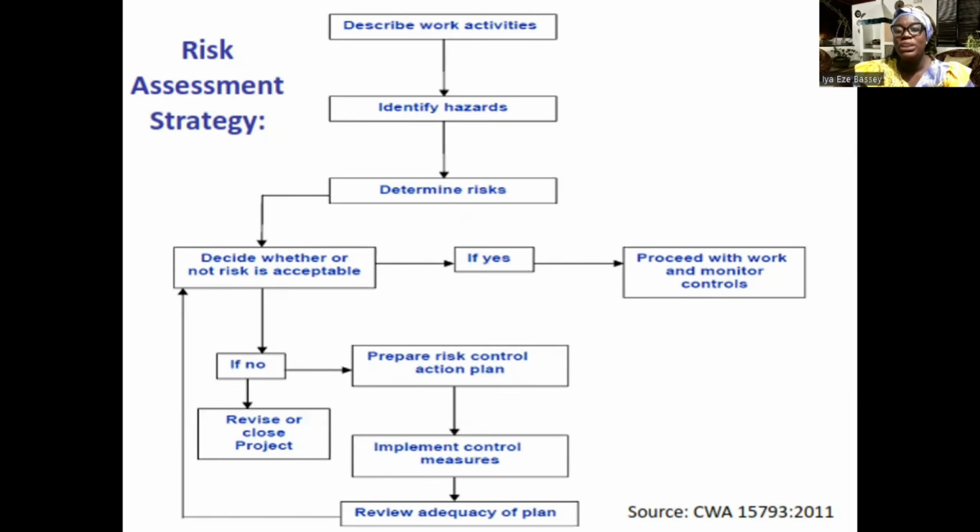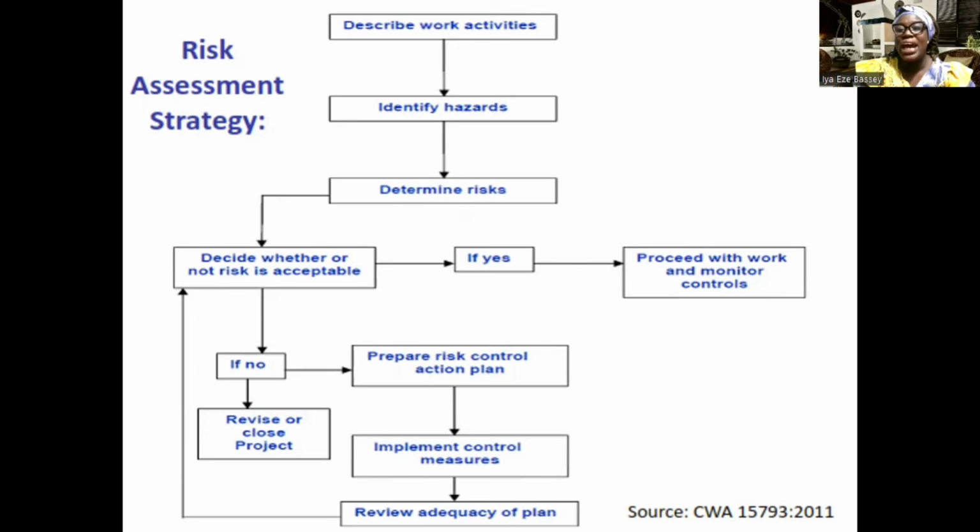You can choose to close down the project, which means you will lose a lot of money, a lot of time, a lot of resources that have been put into that work. But you could also say, no, I don't want to lose all this money. I don't want to lose all this work. What I'm going to do is to prepare a risk control action plan, and implement those actions, and then review and see if those actions I took are adequate.